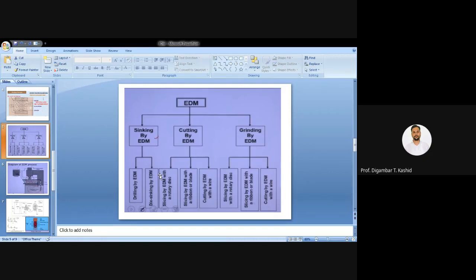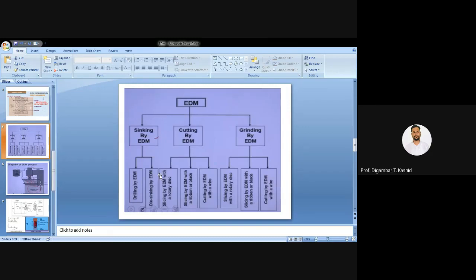So it is called the die sinking EDM process. The tool will be the replica of the workpiece, that we have to make. So this tool is moving down towards the workpiece, and the same replica is generated on your workpiece.